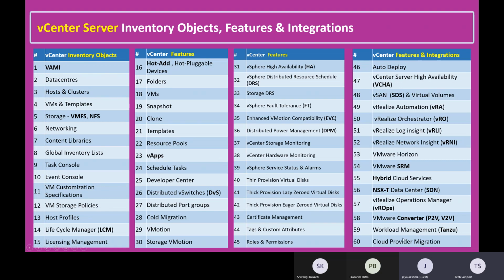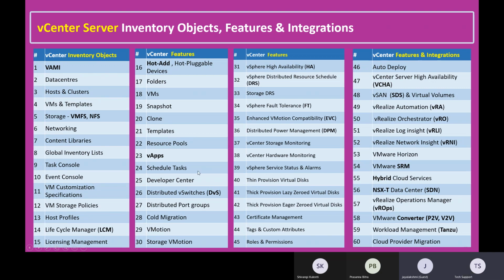So we have around 60 plus features within the vCenter server. Once we learn all these features, you will become a VMware vSphere systems engineer. At least we should learn features 1 to 45 first, and the last ones, 46 to 60, are the advanced features. If you want to become a solution architect, you can learn these features also.